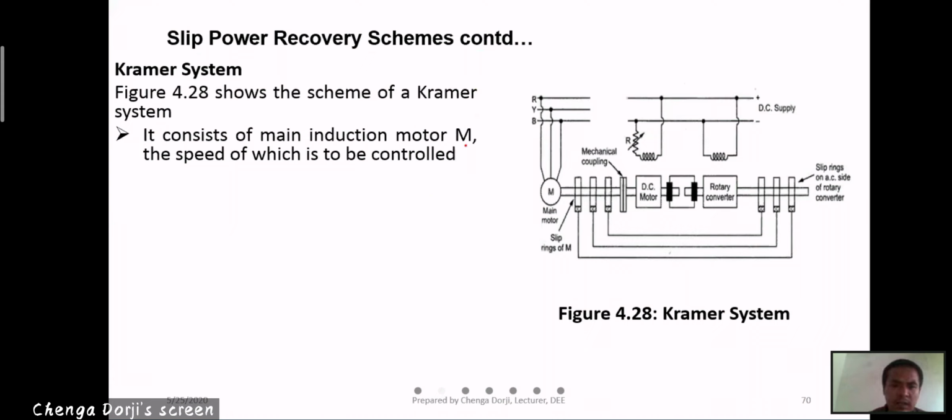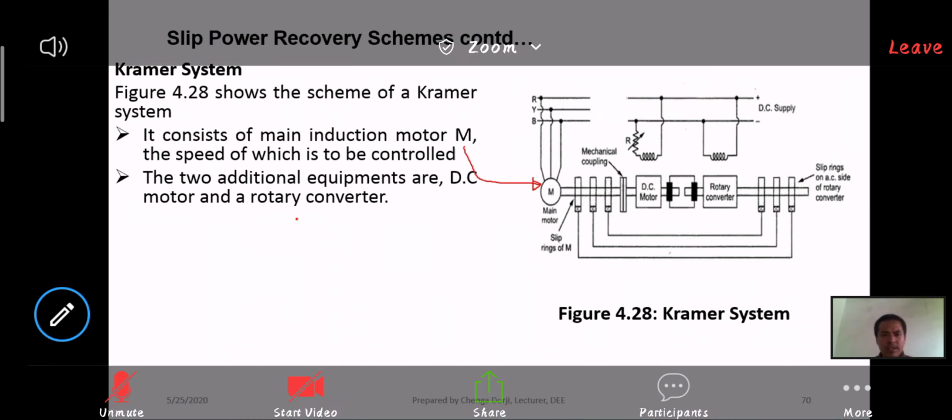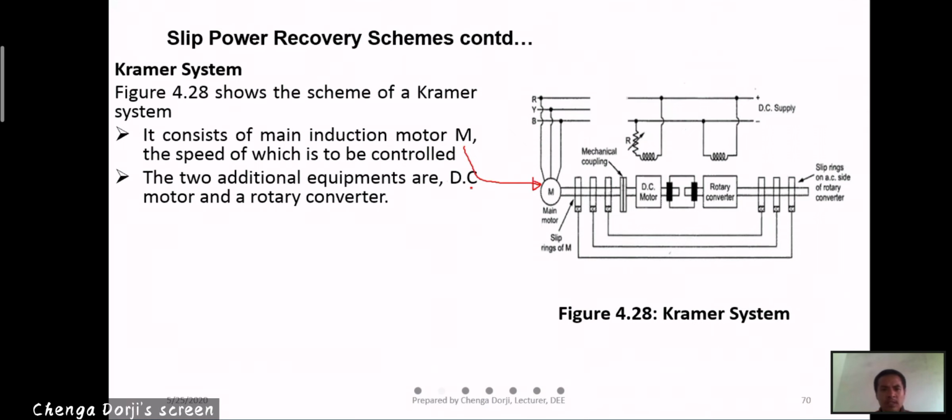In this case, it contains the main induction motor to control the speed. Then there are two additional machines, the DC motor and the rotary converter, for coupling purposes, similar to the Ward Leonard system.